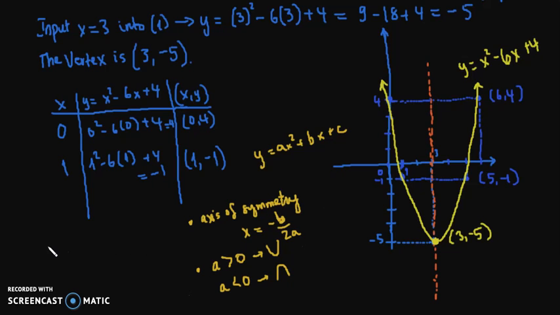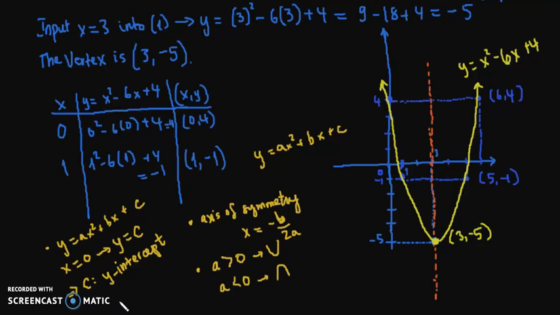The third one is what happens when we have y equals ax squared plus bx plus c and x equals 0. When x equals 0, x squared is 0, so we have y equals c. So we can conclude that c is the y-intercept of the graph.